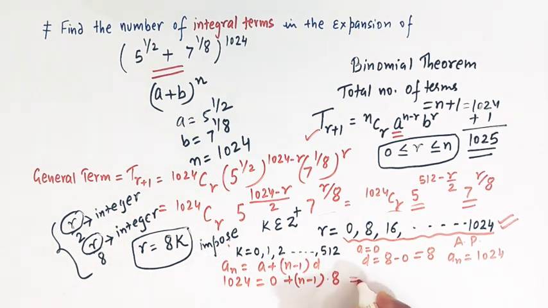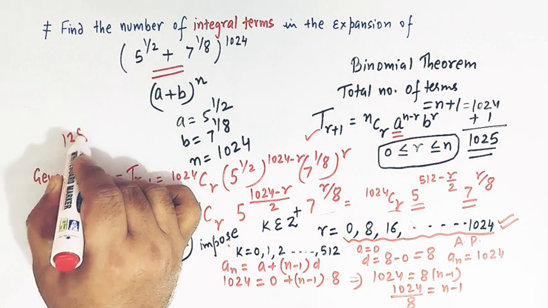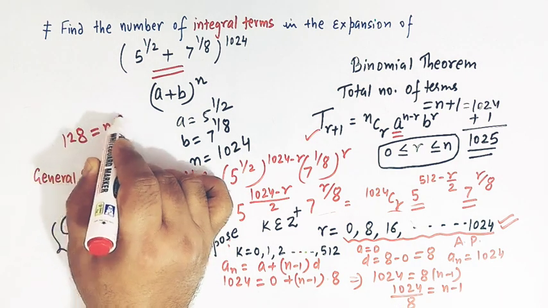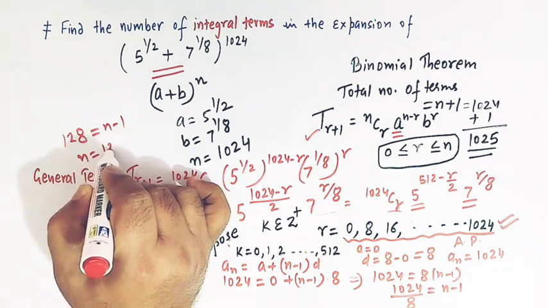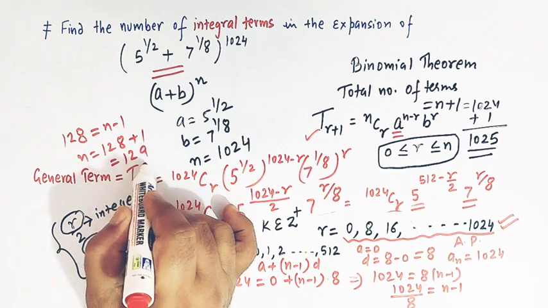Now solving this equation, we have 1024 equals 8 times n minus 1. So 1024 divided by 8 is equal to n minus 1. 1024 divided by 8 is 128, which equals n minus 1. So n is 128 plus 1, that is 129.